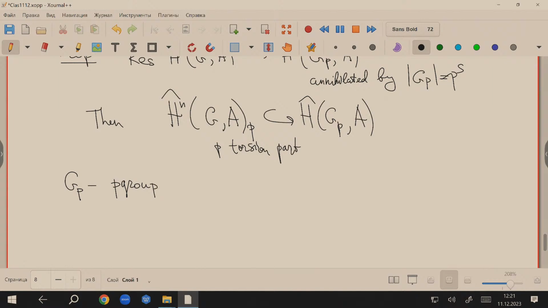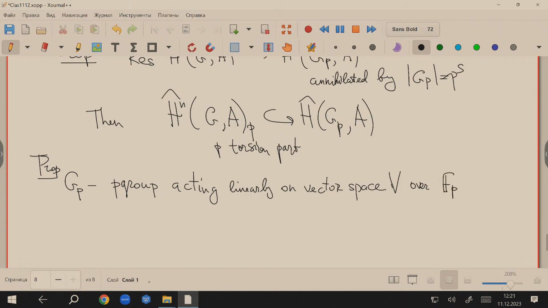and it acts on a vector space linearly, over the field of finite characteristics, over P, and then over Q. Yeah, but you can of course consider it over its subfield.